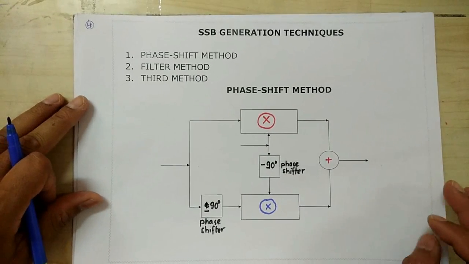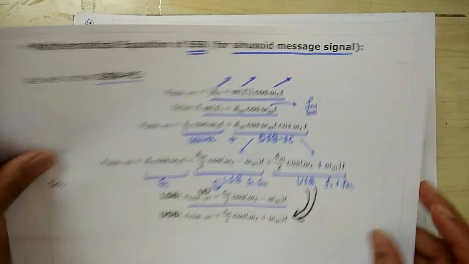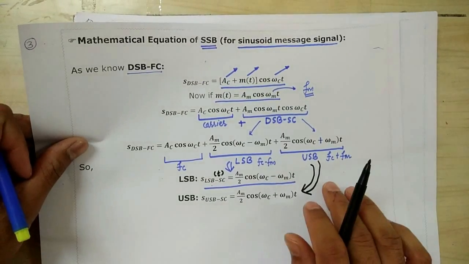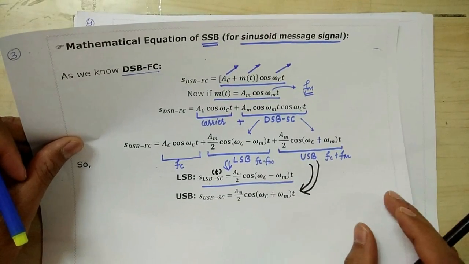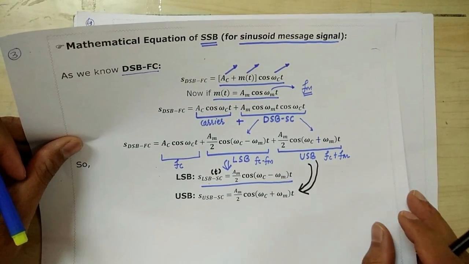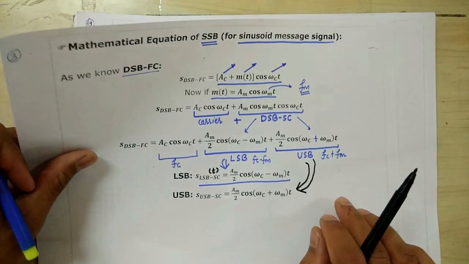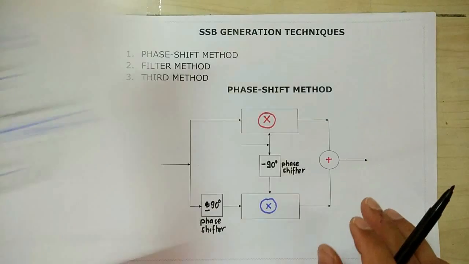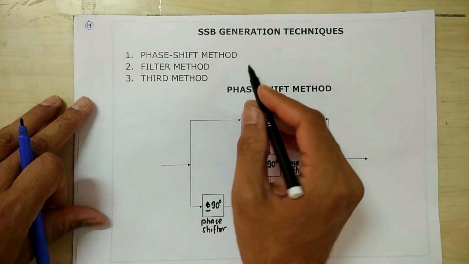Now that we have derived the equation of the SSB signal, either LSB or USB, we want to generate it using different methods. So how to generate this LSB and USB? There are three methods to generate an SSB signal.